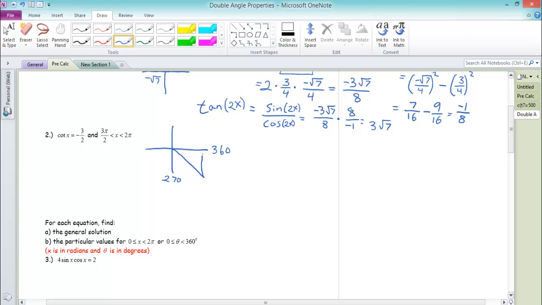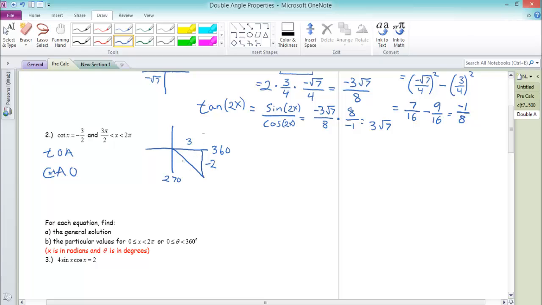So we'll go ahead and draw a triangle, and we know that the cotangent, which is 1 over tangent, and tangent is opposite over adjacent. So cotangent would be adjacent over opposite. So adjacent being 3, and opposite being negative 2.